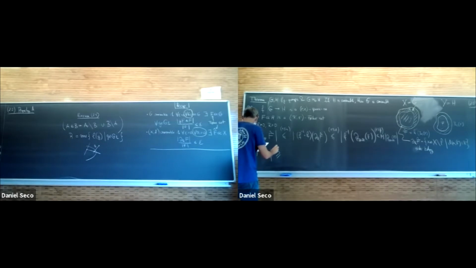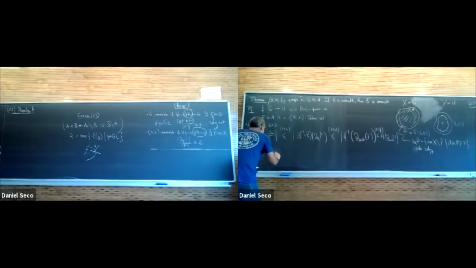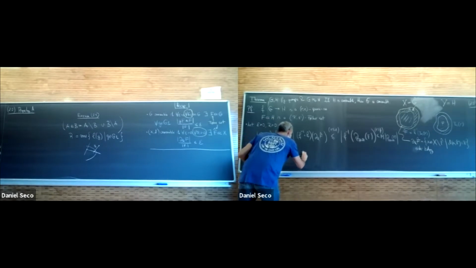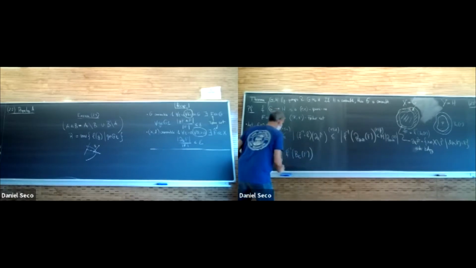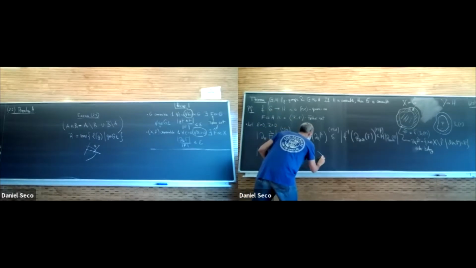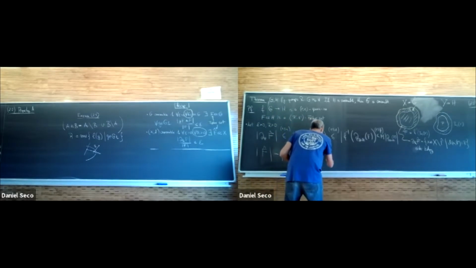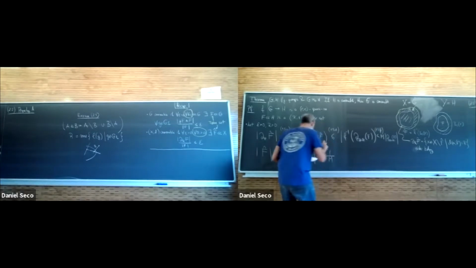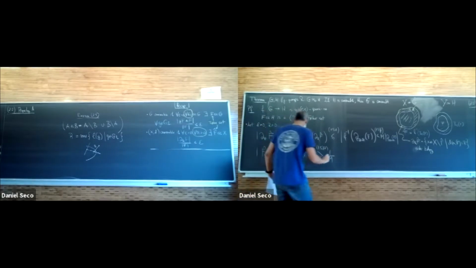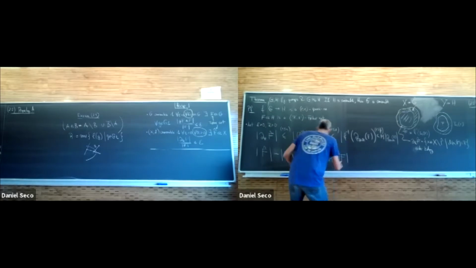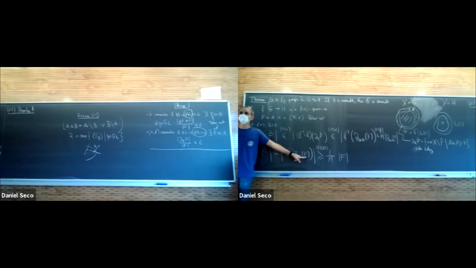This is just F inverse of the Følner set in G, in H, sorry. This is bigger than 1 over m times whatever you have in the argument.